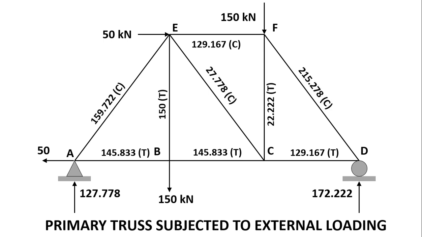And lastly, yung forces doon sa inclined members. So, nakalagay rito yung sense ng direction ng force, compression or tension doon sa member na yan. So, this is the primary truss subjected to external loading na wala yung reaction doon sa C.